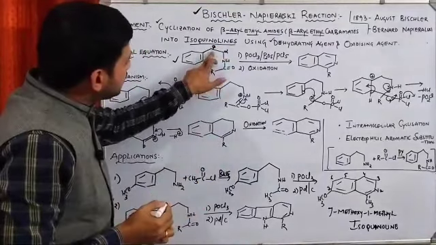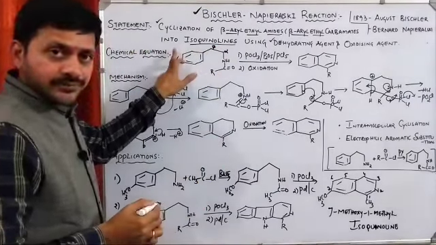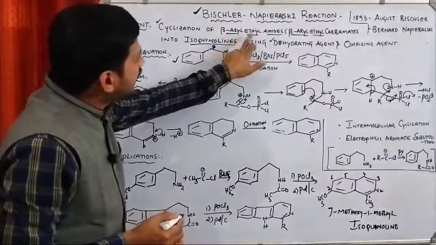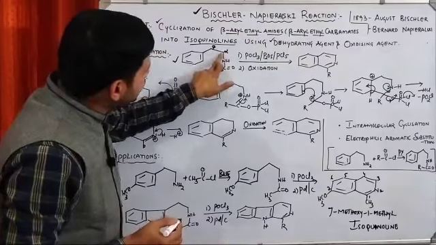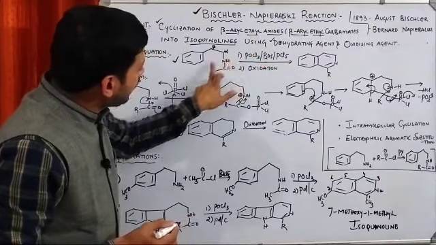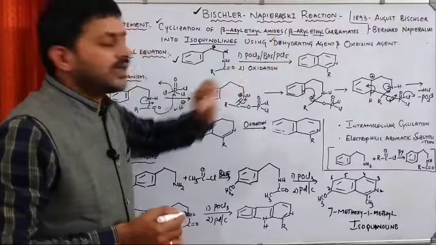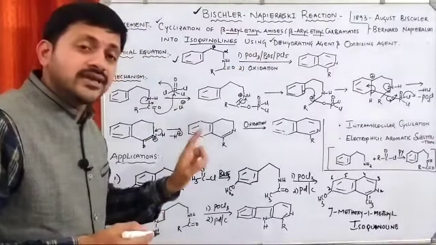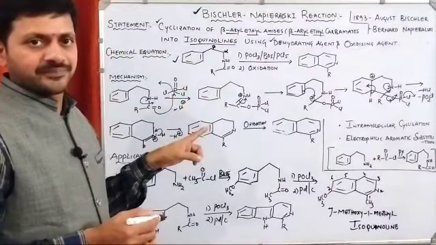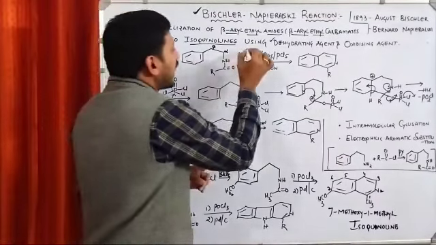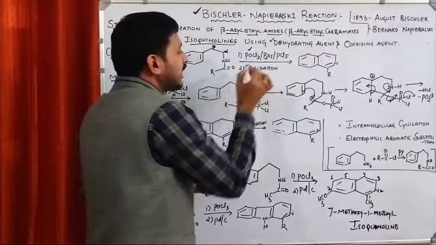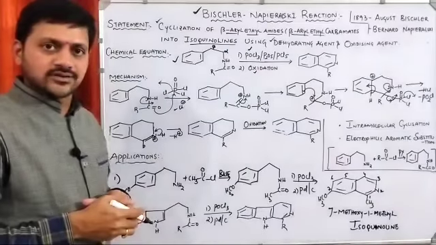The beta carbon is having an aryl group. That's why it is beta-aryl CH2 ethyl and amide moiety. So the beta-aryl ethyl amide moiety is involved in the cyclization by using a dehydrating agent and an oxidizing agent.